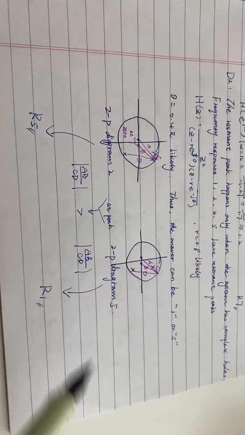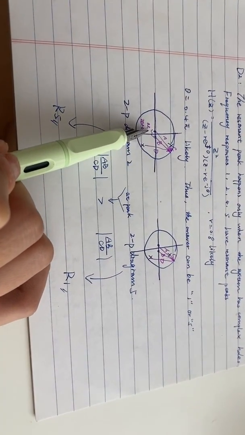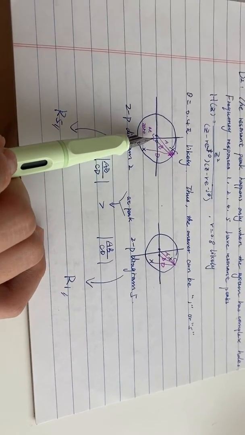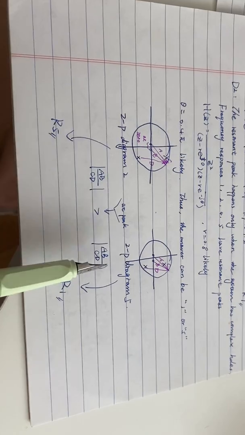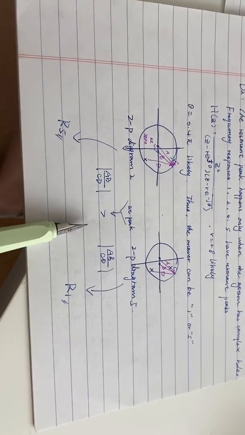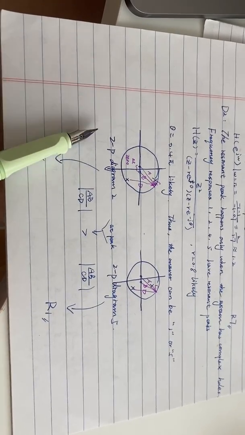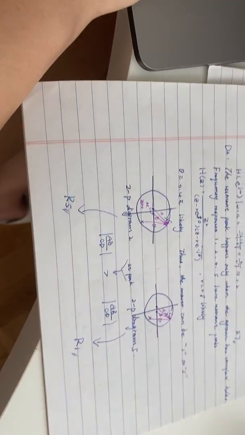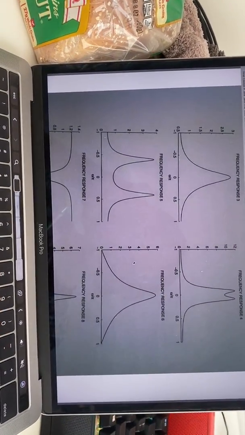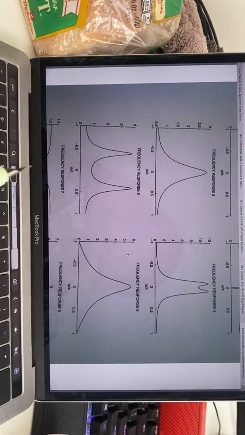And then we can get that for diagram 2, this A multiplied by the modulus of AB divided by CD should be larger than that for diagram 5. So we can match diagram 2 to R5 and diagram 5 to R1. This is R5 and this is R1. The frequency is larger for R5.